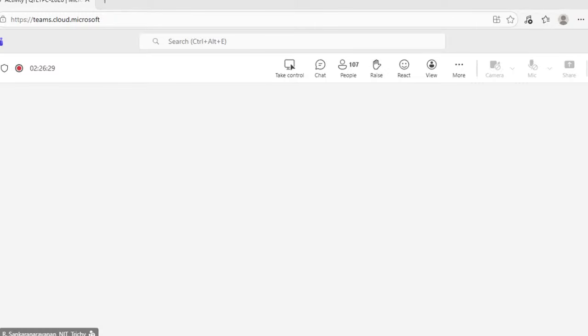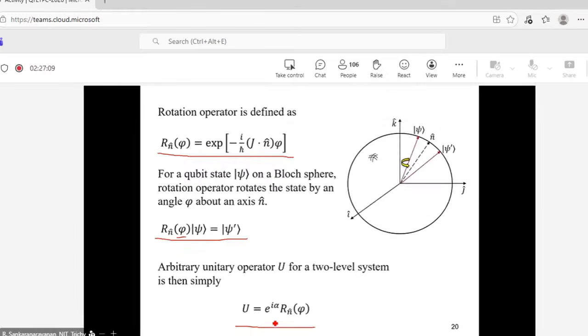Okay. So why is this rotation operator important? When you are working with a single qubit or two-level system, any arbitrary unitary operation can be written as R multiplied by e to the power i alpha. As I already mentioned, quantum evolutions are unitary, and any valid unitary operations are quantum operators.